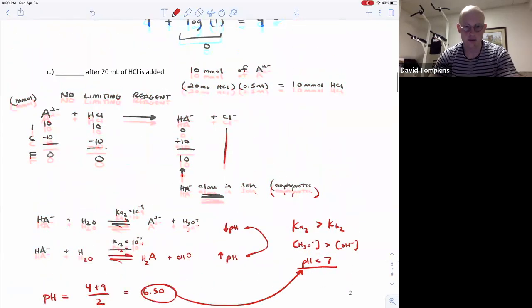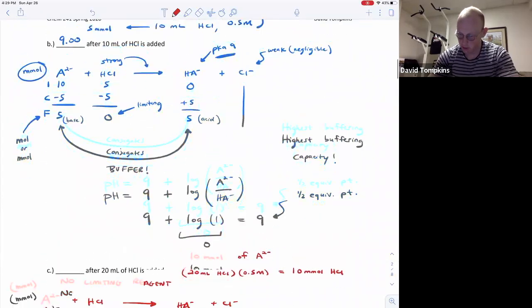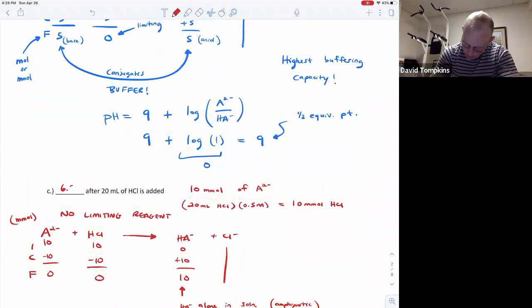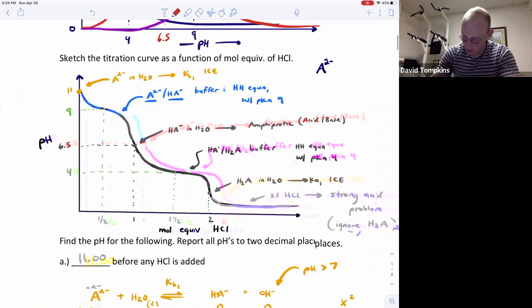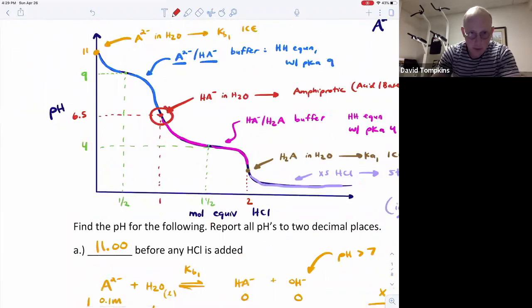And so now you can go back up here and see that on the titration curve, at this equivalence point, when we have HA minus, an amphiprotic species, the pH is exactly 6.5.